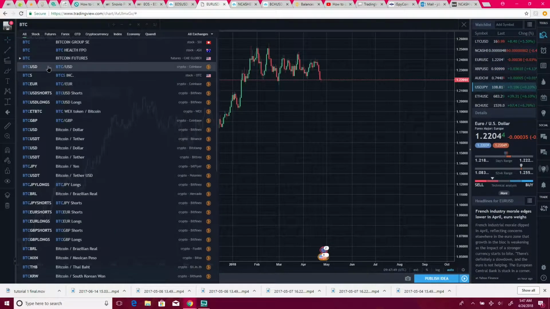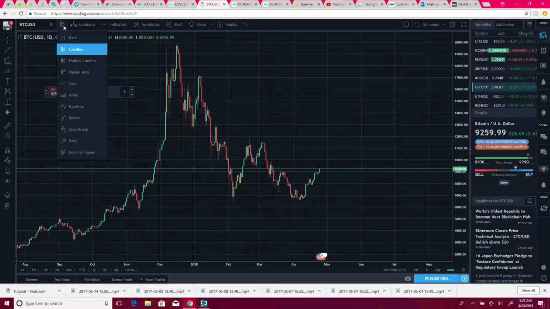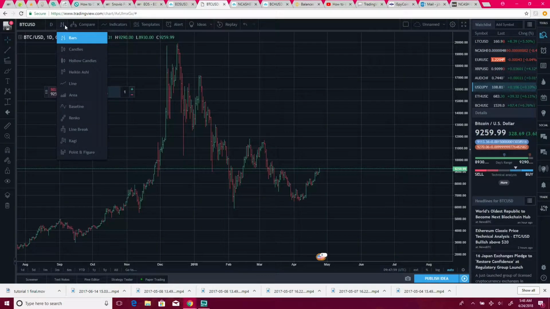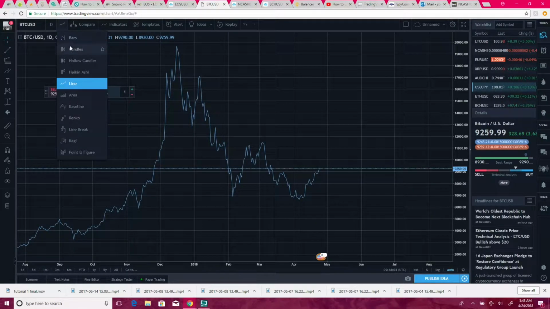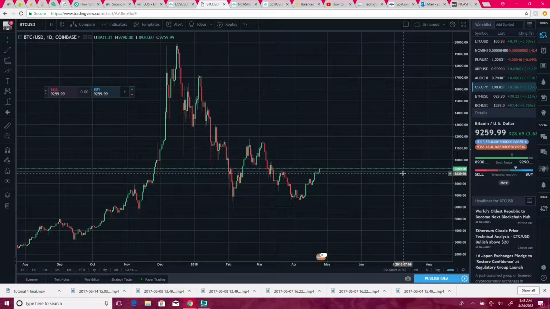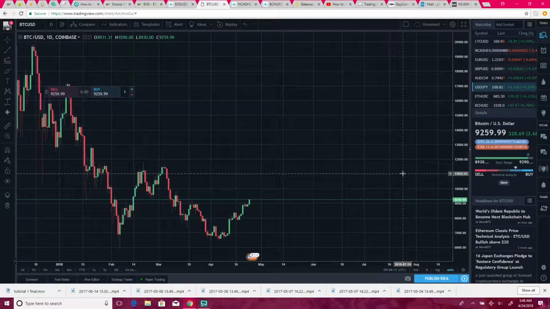All right, now that we got that, what we're looking at here is candlesticks. If I come up here to the top, I go to candles. Some people use bars. Some people use a line chart. As a trader, you're going to want to use candles, at least for this course anyway.